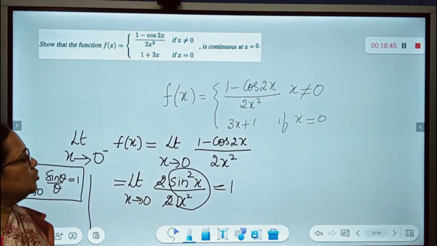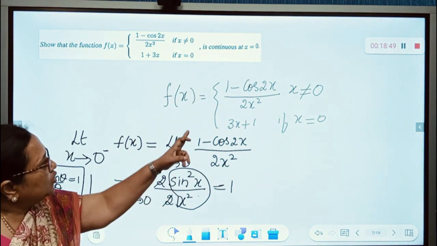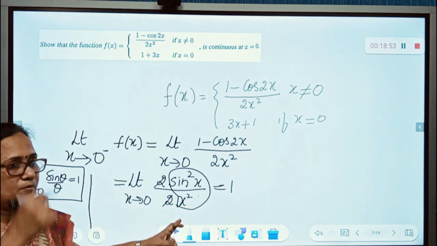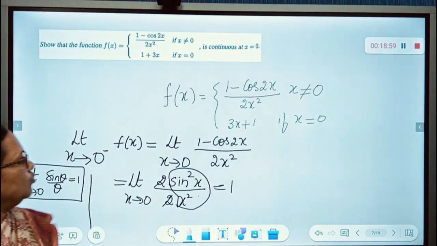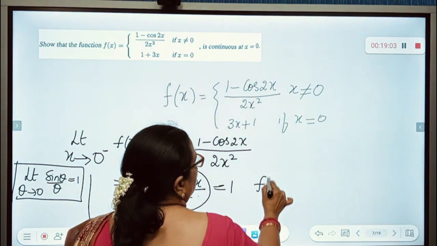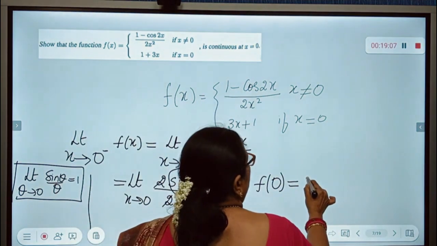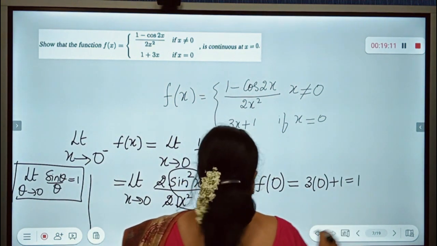1 minus cos 2x is 2 sin square x divided by 2x square. Sin square x by x square is sin x by x into sin x by x. As x approaches 0, it becomes 1. 2 gets cancelled, giving you 1. What is the value of the function at x equal to 0? Now f of 0 is 3 into 0 plus 1, which is 1.